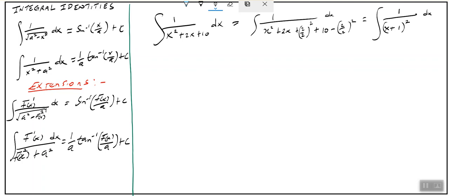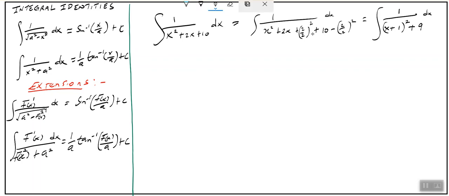Whatever you square here and this number, add them together, or whatever the sign is here, and square. If this is negative, it will be x minus whatever you square, squared. And then this portion will be 10 minus 1, which is 9.